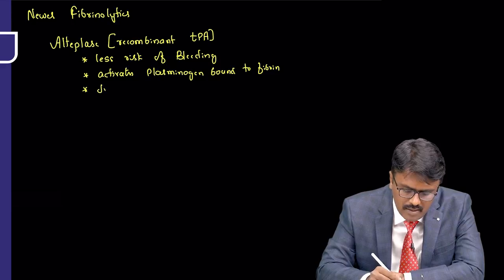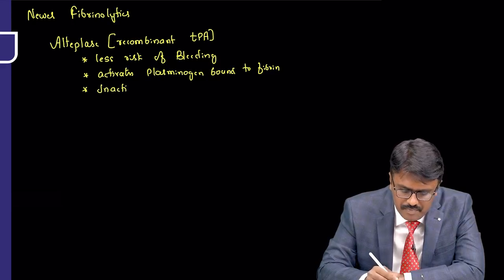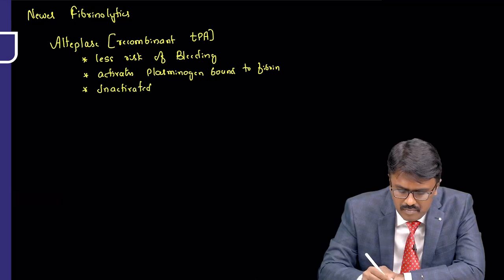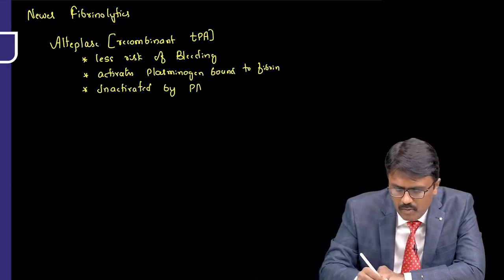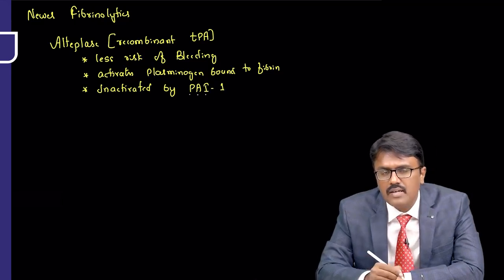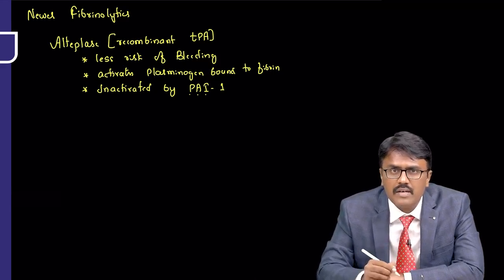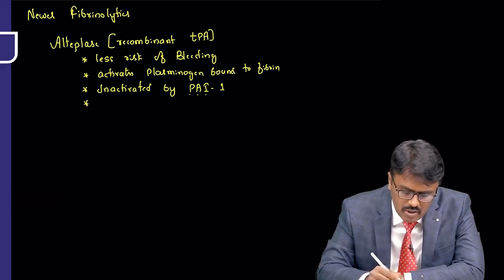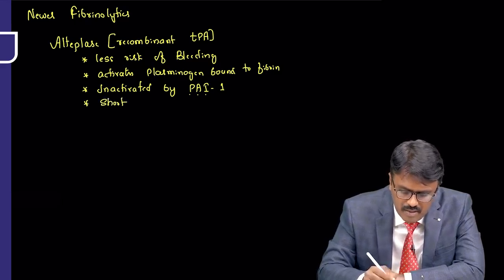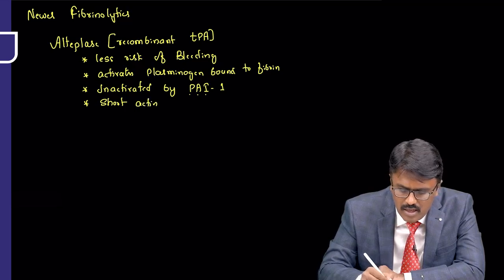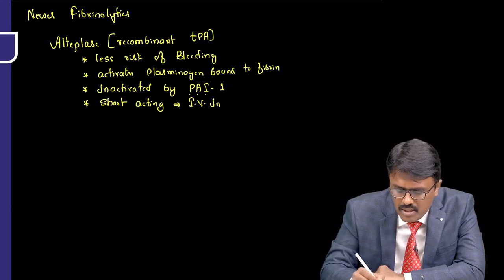Second, it is inactivated immediately by PAI-1, plasminogen activator inhibitor 1. That's why the drug is short acting. Since the drug is short acting, I cannot repeat it again and again, so the drug has to be given by IV infusion.